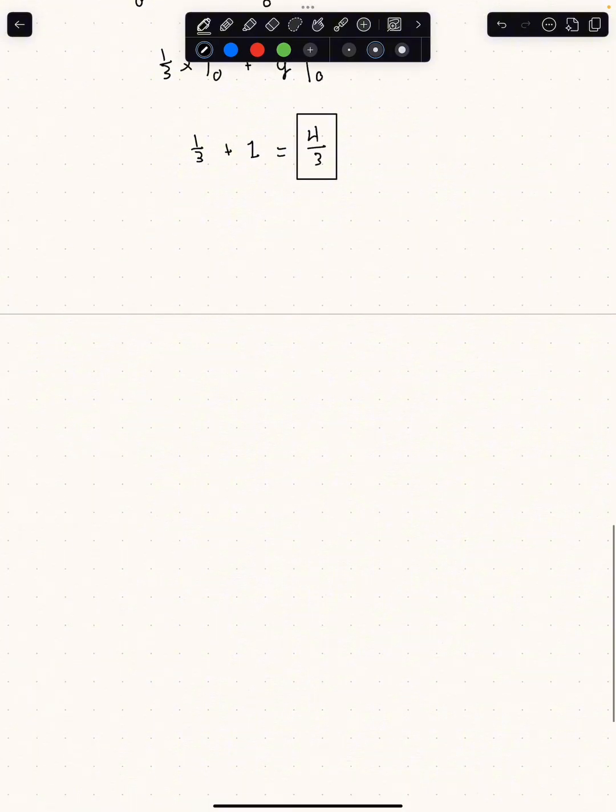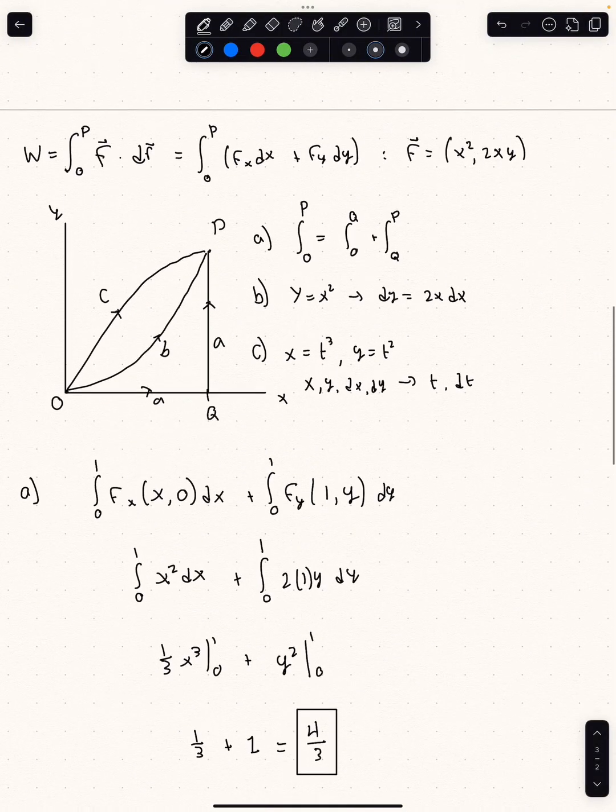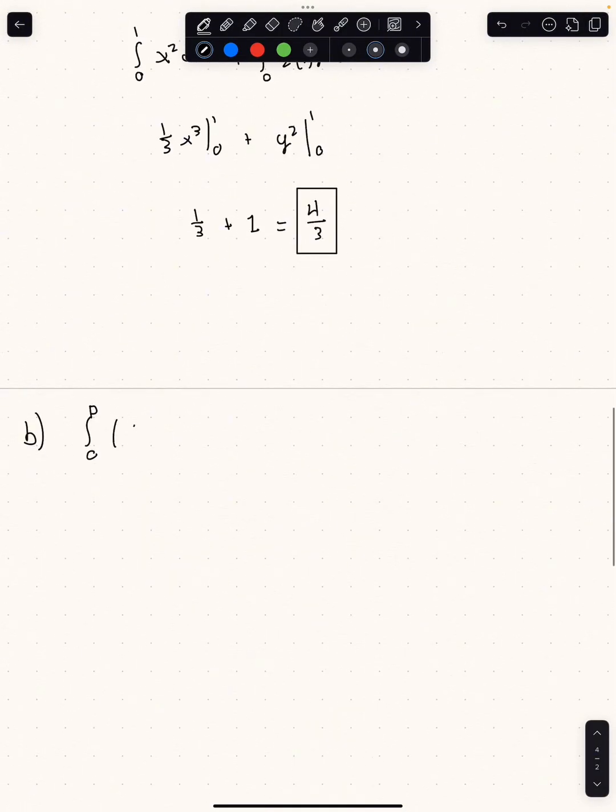Okay, now part B. So here we have the path O to P. We're going to take the general form first of Fx dx plus Fy dy.